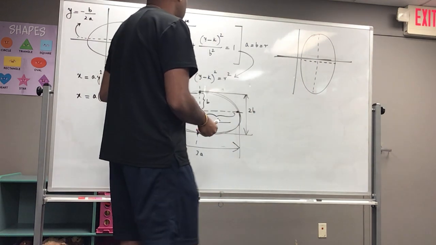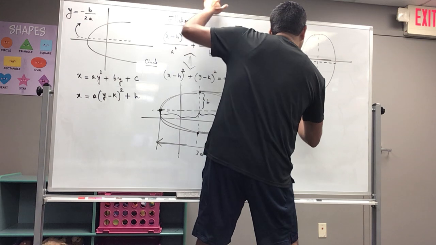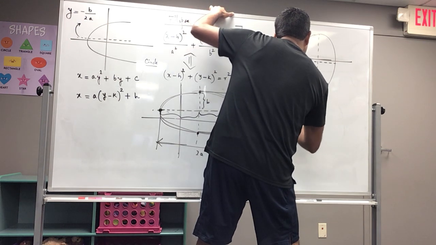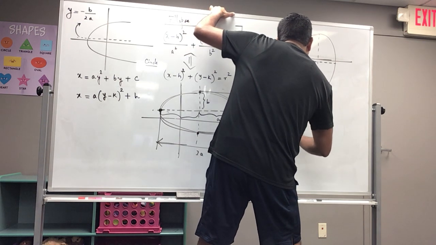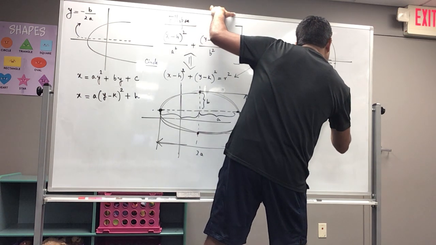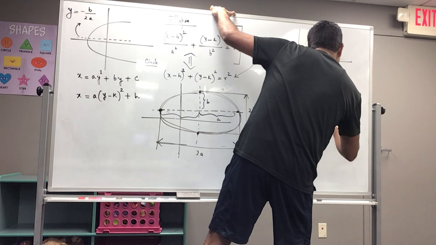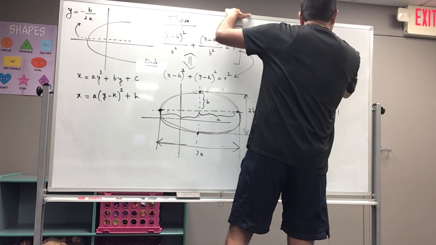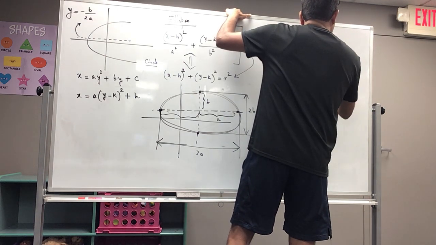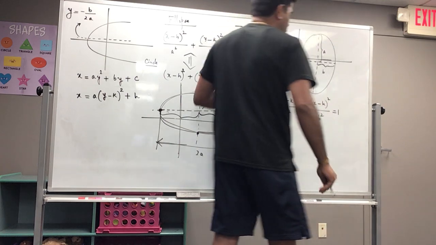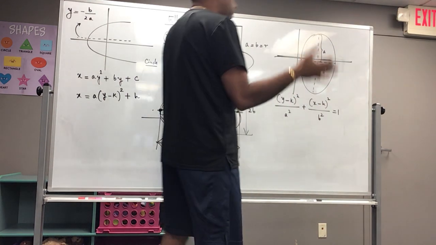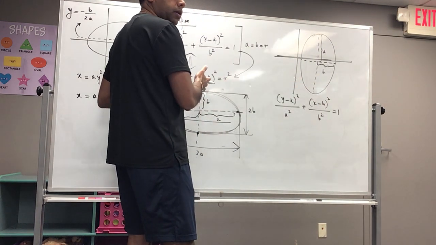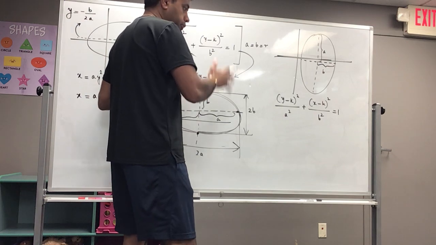At that time, the equation flips: y minus k squared over a squared, A always goes with the longest side, plus x minus h squared over b squared is equal to 1. Because this becomes my A, this becomes my B, called a vertical ellipse, and this is the horizontal ellipse. Make sense? First, go ahead and write on this.